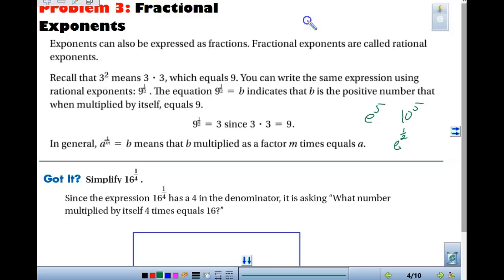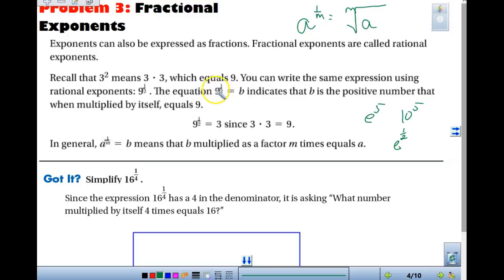So recall that 3 to the 2nd power means 3 times 3, which is 9. That's what they have here. And you can write the same expression using rational exponents. Just ring a bell? So this is a little different than you guys have seen before, okay?